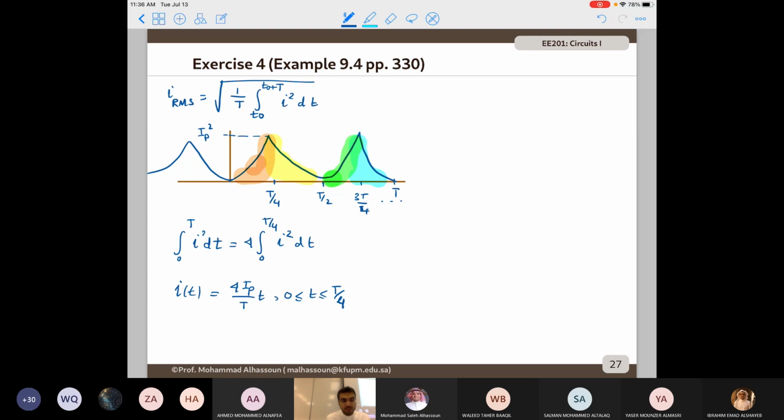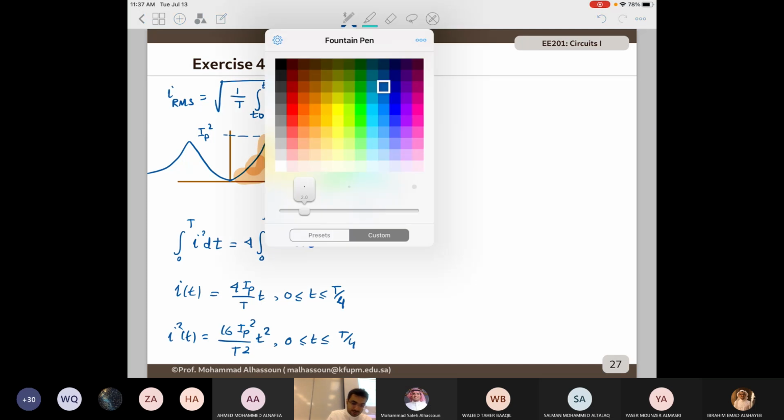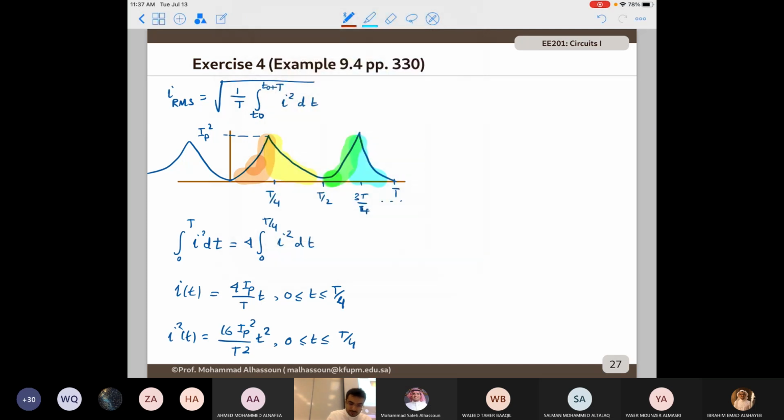Now we found the equation, so I need to square it. If you square it, you will end up with 16 IP squared divided by T squared multiplied by t squared. Now I have everything I need to solve this problem. All I need to do is substitute.